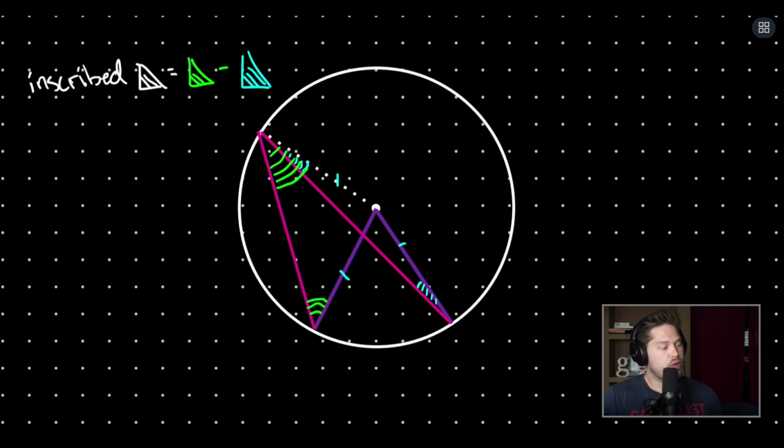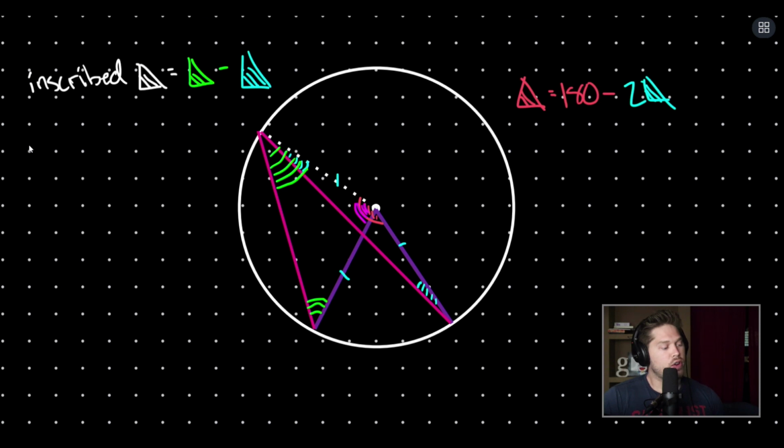Well, our central angle is made up of the third angle in this super skinny isosceles triangle. So this red angle, which I just marked, could be defined as 180 degrees minus my two blue angles. And then the third angle in my larger isosceles triangle, the one with the two green angles, would cover this bit.